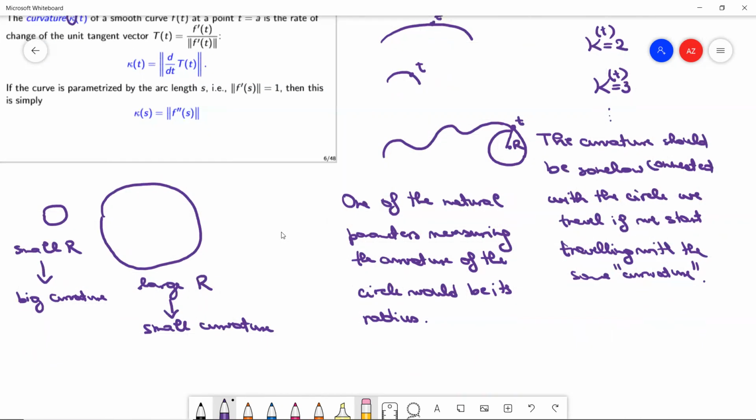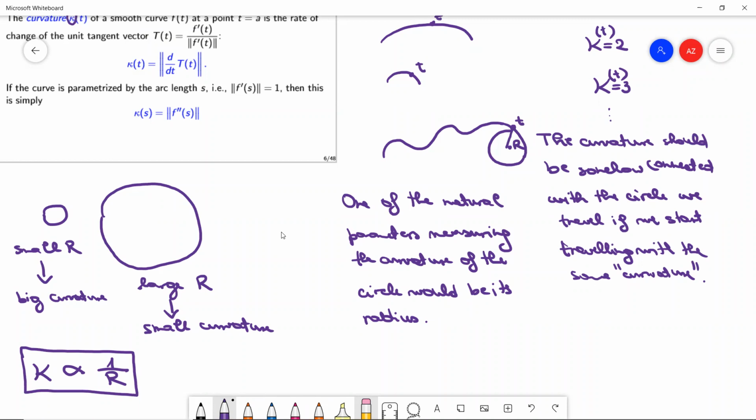So this means that this curvature kappa should be inversely proportional to the radius. If the radius grows, then kappa should fall, and if the radius falls, then kappa should grow. So the smaller the radius, the bigger the curvature. So this is somehow one way of defining the curvature.